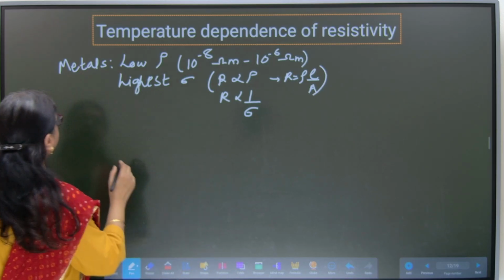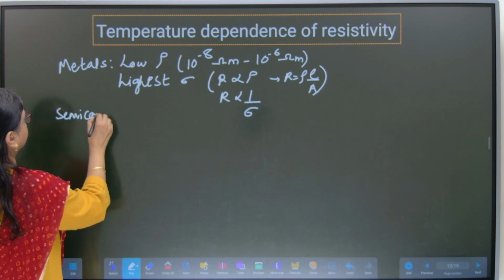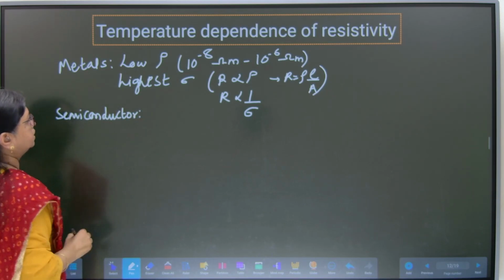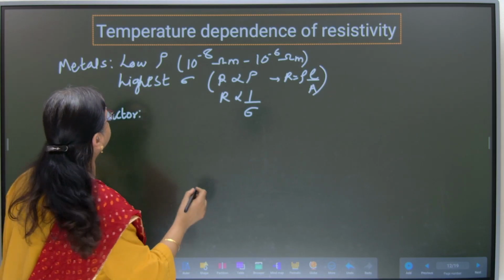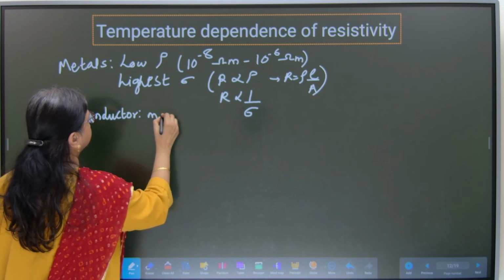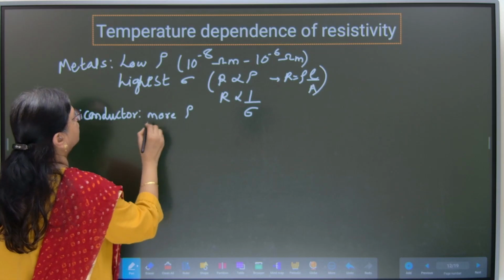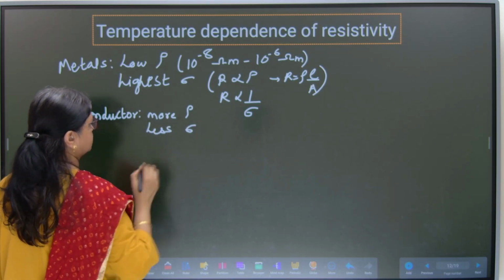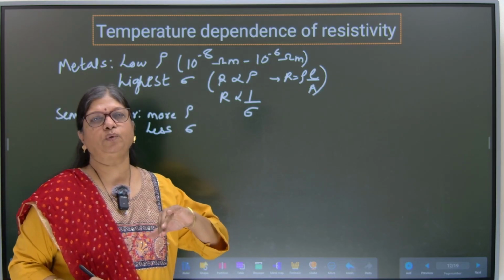Okay. Now let us go to semiconductors. Semiconductors have little more higher rho, more resistivity, so less conductivity, which is between metals and insulators.